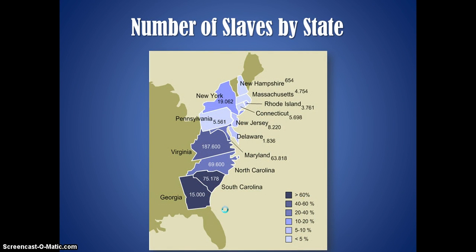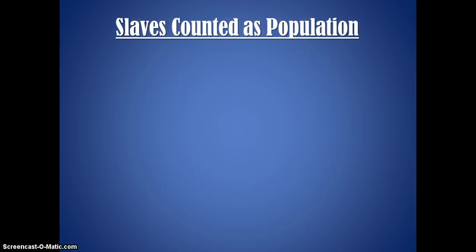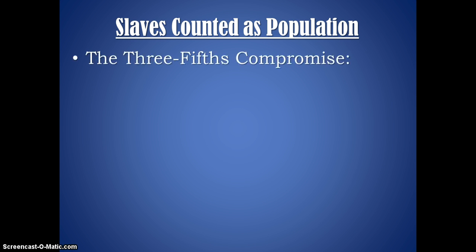Now, we still have this issue of the slaves and how much should they count towards population. And a compromise was also made in this regard. Now, it's a pretty sad compromise, and it could be even a little bit upsetting, but this is what the history says. Slaves counted as population. So what was agreed upon is the 3/5 compromise.